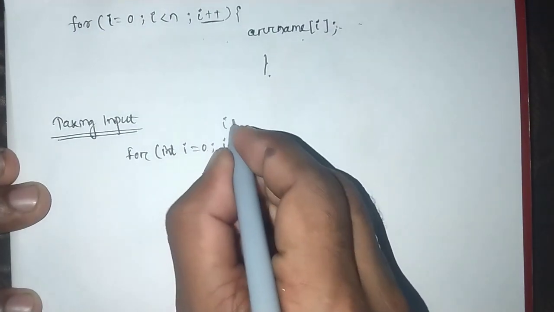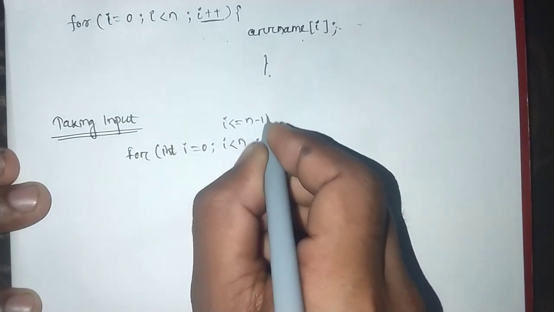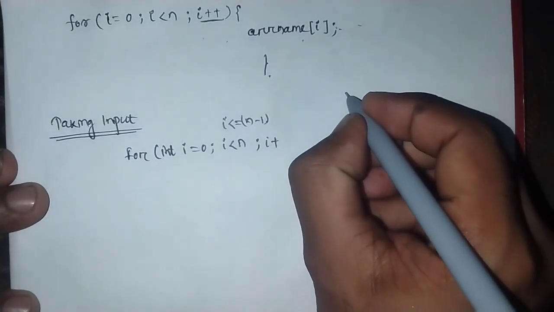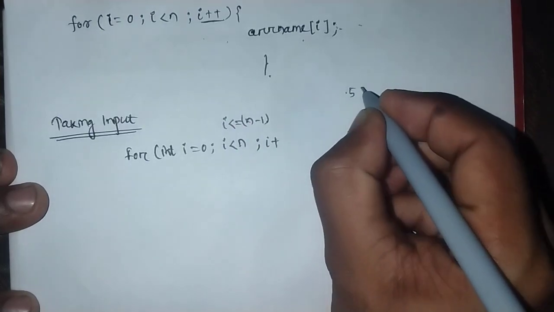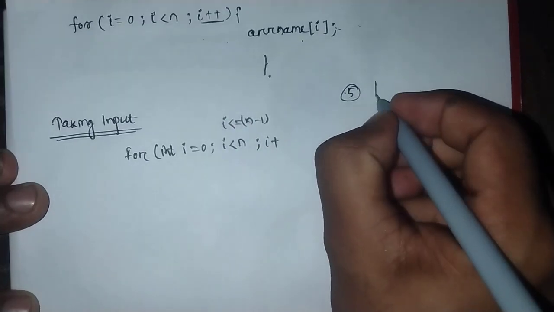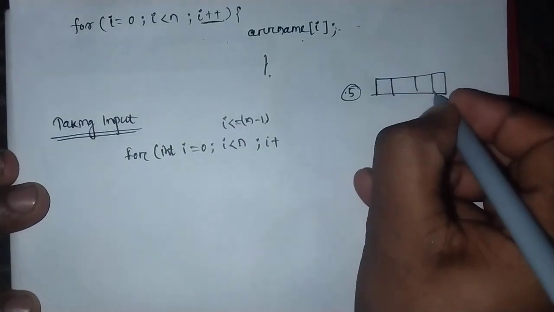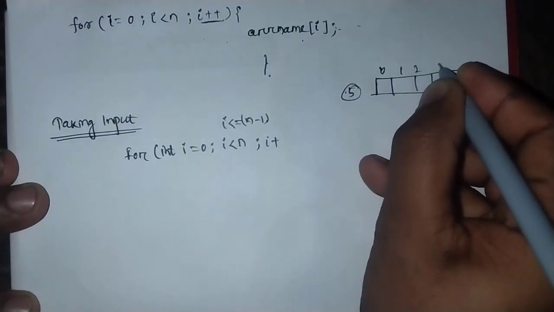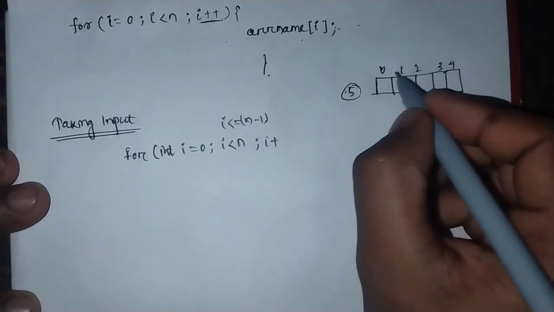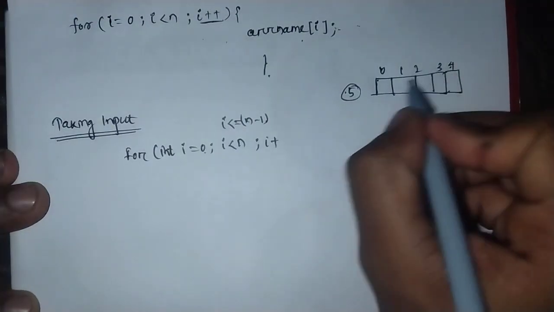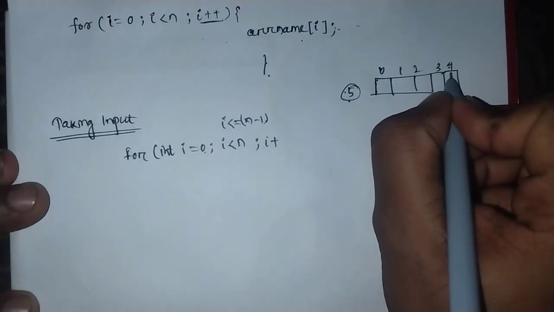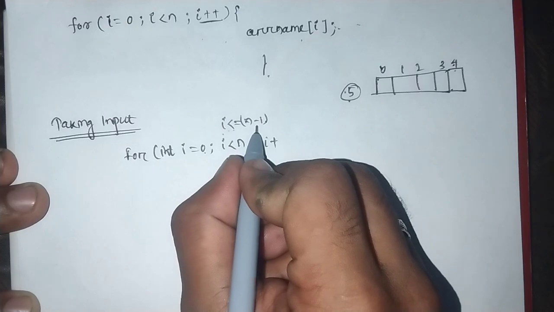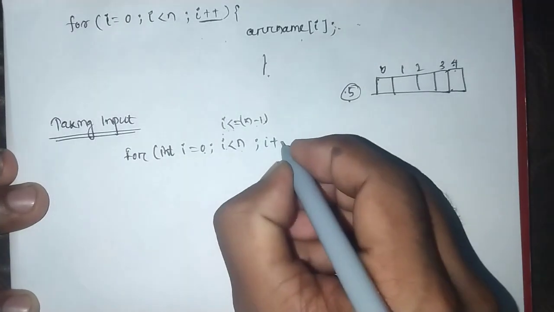I am saying that it ends at n minus 1, but n minus 1 or n are the same here, because when we declare a 5-sized array, the indexes will be 0 1 2 3 4, not 5. So from 0 to n minus 1, where n is 5, that is 5 minus 1, 4. You may write I less than or equal to n minus 1, or I less than n, then I plus plus.